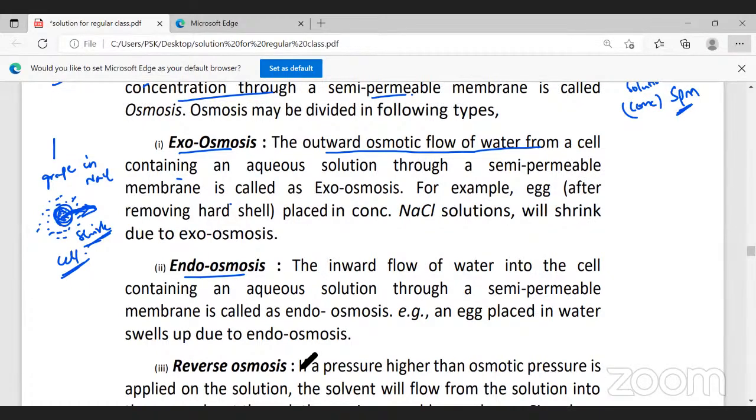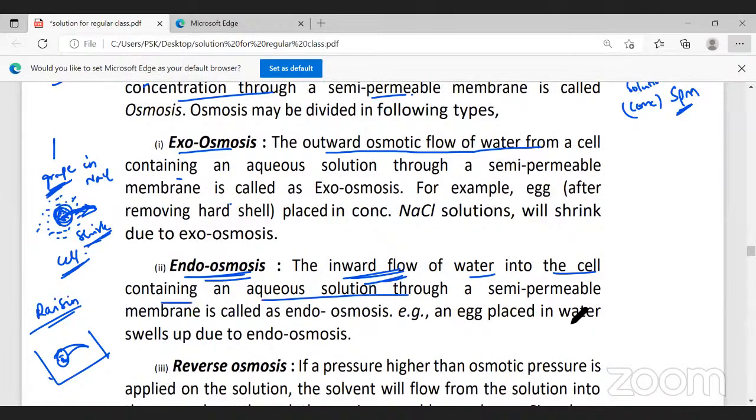Now, in exoosmosis, this is a normal grape. In endoosmosis, if you keep a raisin, a dried grape, in water, what happens? Water flows inside the grape. The raisin will get what? Swollen. The grape gets swollen. So that process is called endoosmosis. The inward flow of water into the cell containing an aqueous solution through a semi-permeable membrane is called endoosmosis.